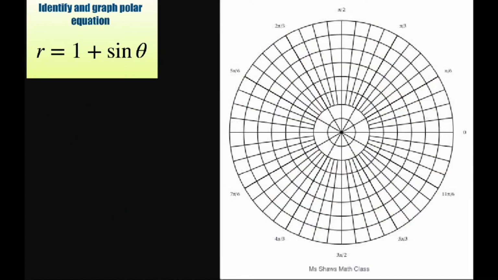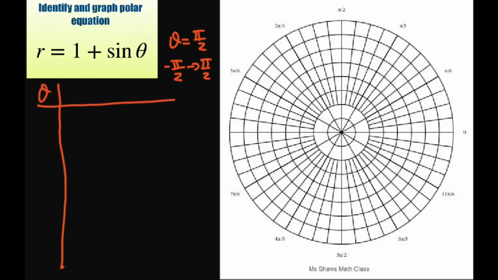So now, due to our symmetry to the line theta equals pi divided by 2, we're going to assign values to theta from negative pi divided by 2 to pi divided by 2. So let's do that.